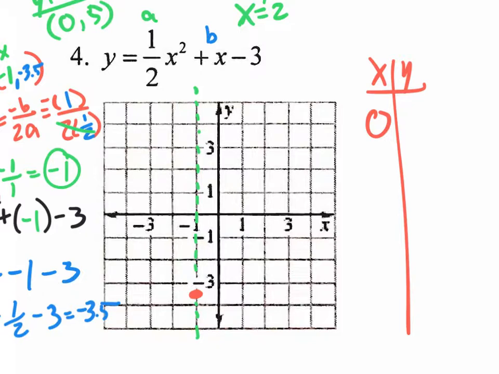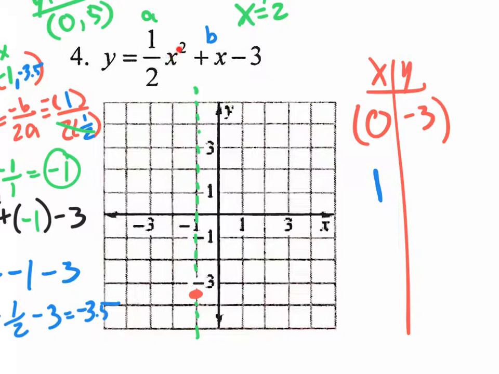Okay. So if I do plug in a 0, what's my output? Negative 3. Nice and easy. Now, the only one that's actually going to be a little bit more challenging is the value of 1. Now, remember, on an input-output table, you could plug in any numbers you want, right? So if I do plug in a 1, let me actually write it here. Is that going to be a great situation?